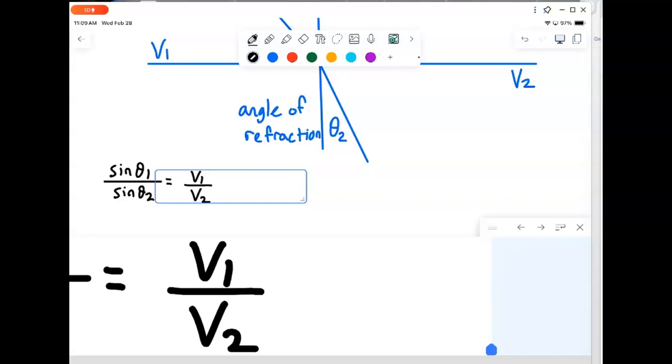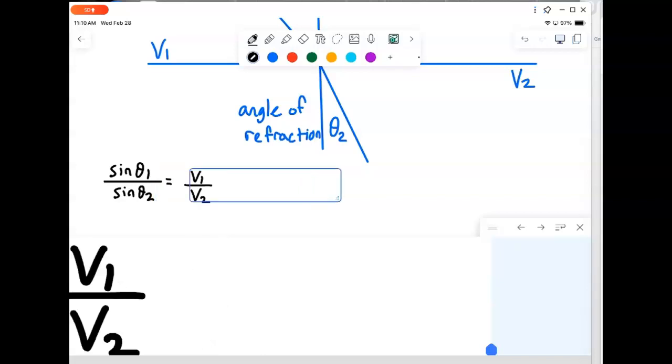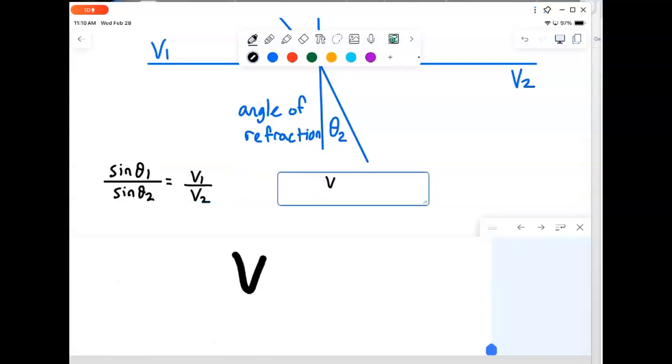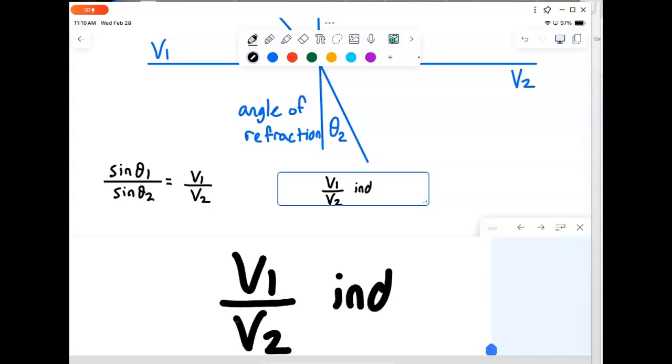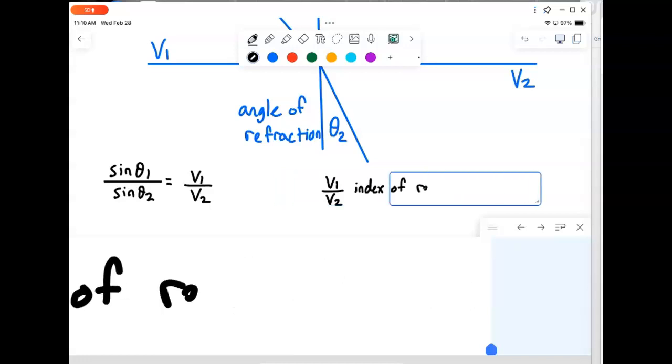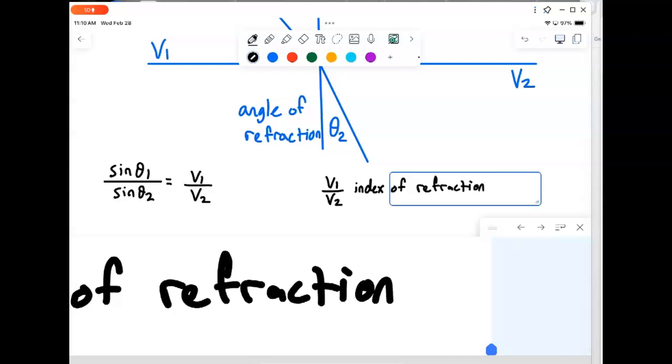Okay. And this is known as Snell's Law of Refraction. And so that v1 over v2, velocity 1 over velocity 2, is known as the index of refraction.